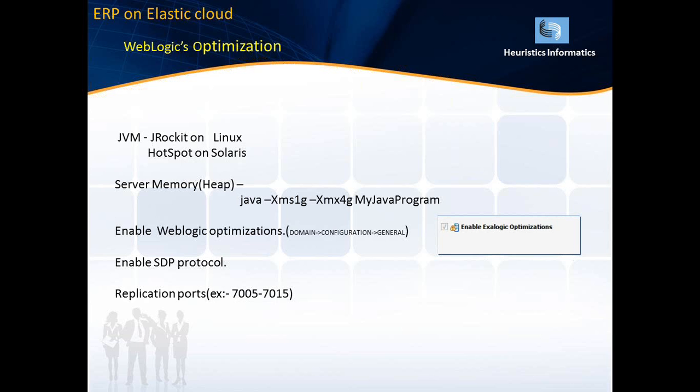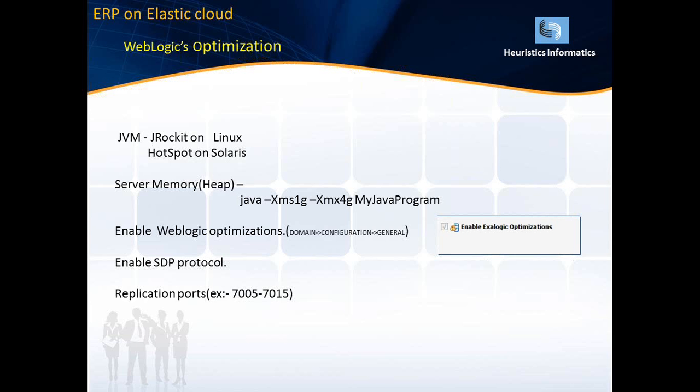And for WebLogic, we can enable the HTTP protocol, which will be helpful at the network level, as I told you earlier. Like we are using the HTTP protocol for session replication as well. So this is how we can achieve the highest performance at each and every level. It's not like achieving performance at a single level here. It's been integrated to achieve it at each and every level.